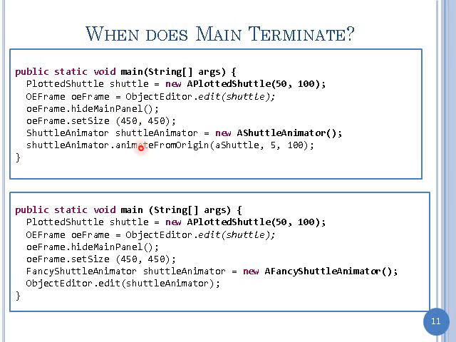Let's talk about when main terminates. In this case, main will terminate when animate from origin terminates. When the animation finishes, main will just finish. Here, main starts a fancy shuttle animator and then says edit shuttle animator, and now it'll terminate when?